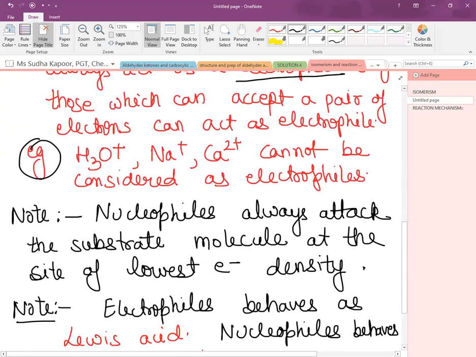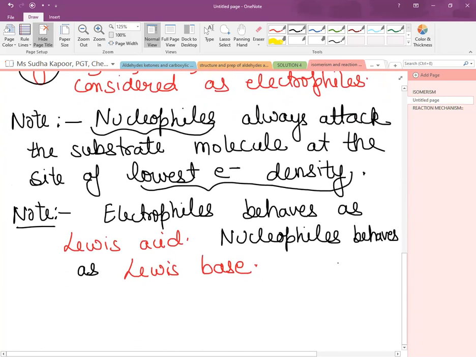Now the other important thing: nucleophiles always attack the substrate molecule at the site of lowest electron density because nucleophiles are electron rich. So where will they attack? They will attack the site where there is less electron density. Now the last very important point: electrophiles behave as Lewis acids.